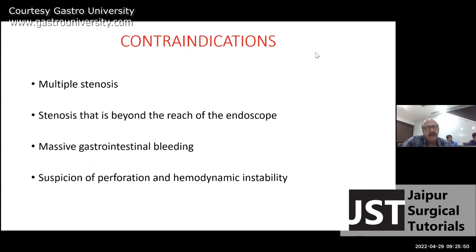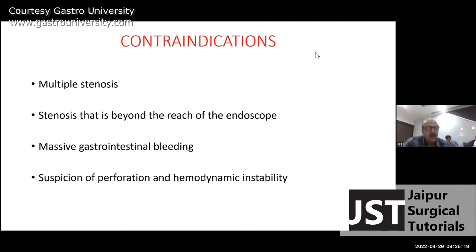Contraindications: if there are multiple stenoses, of course, it doesn't serve the purpose of relieving obstruction of only one stenosis. And of course, if the stenosis is far ahead, beyond the reach. Actually, you can stent patients with a small intestinal obstruction. Recently we had a patient with an inoperable tumor in the small intestine, a D3 obstruction.